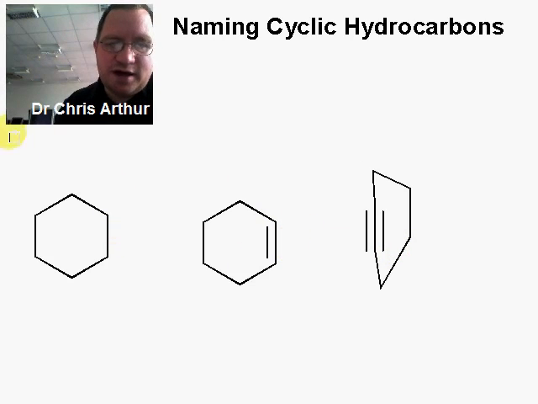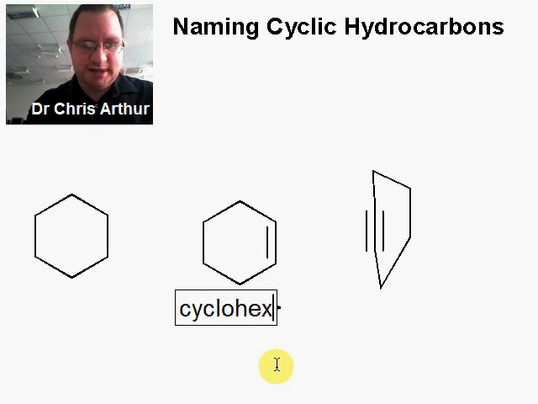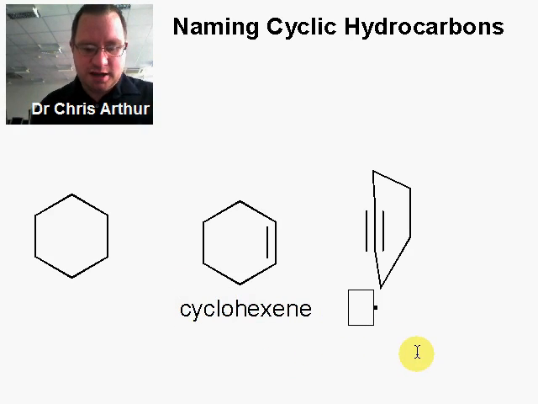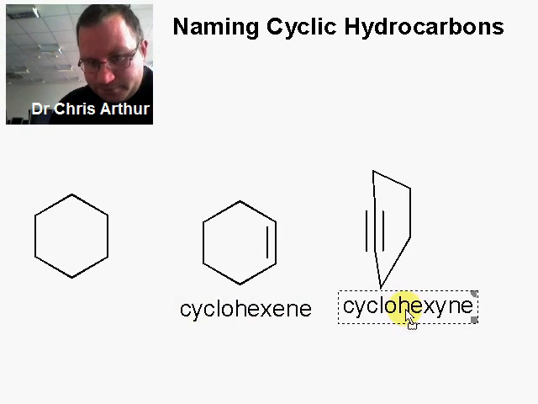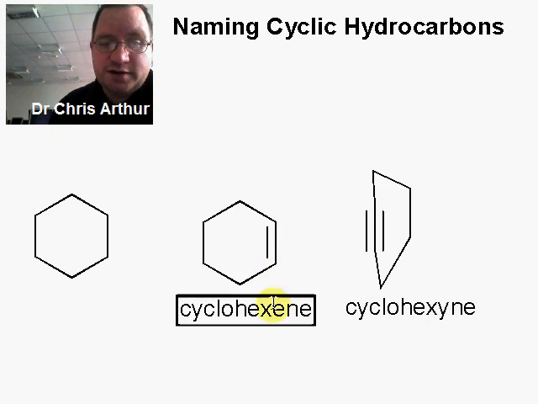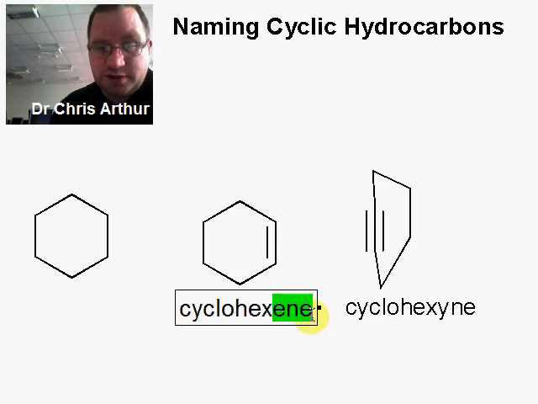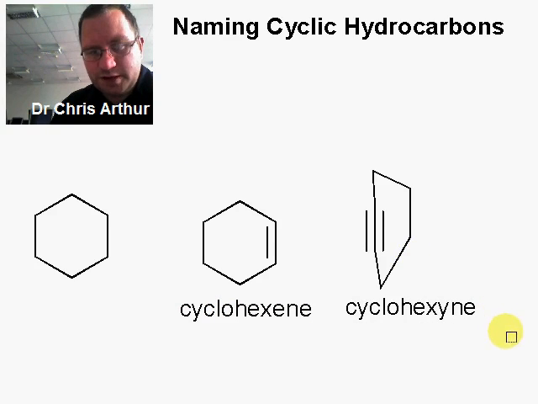We can now have cyclohexane, cyclohexene, and rather badly drawn because it's difficult to draw these things, cyclohexyne. Okay, so we can use exactly the same nomenclature to introduce that we have different levels of unsaturation, whether it be an alkene or an alkyne this time.